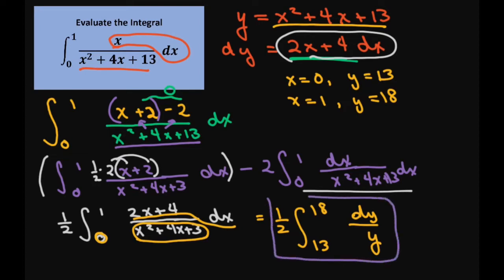Now, let's look at this piece here. For this one, we have -2 times the integral from 0 to 1 of dx divided by x squared plus 4x plus 13.